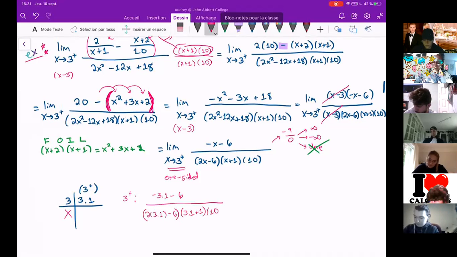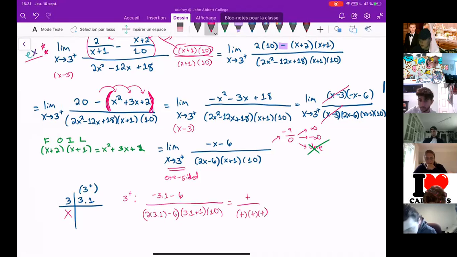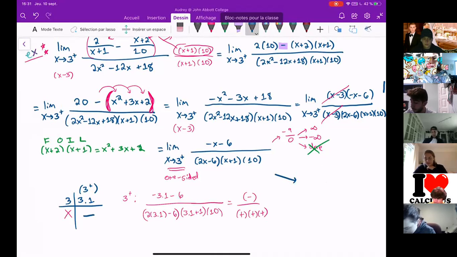And when I check this out, that's positive, that's positive, that's positive. I'm sorry, the top is negative, not positive. And so this whole thing is negative. So what's my final answer here? Minus infinity.